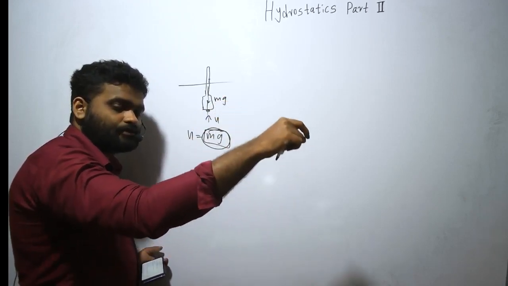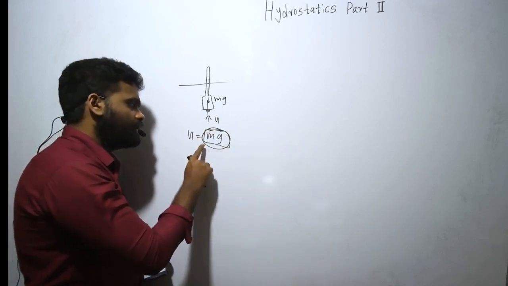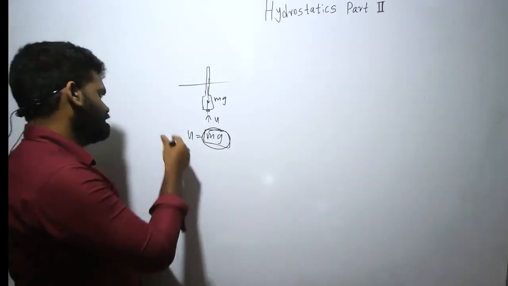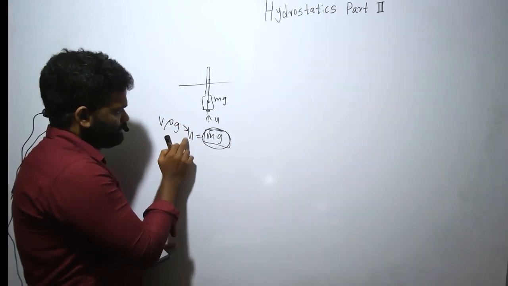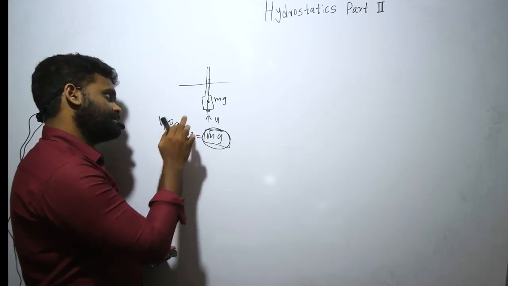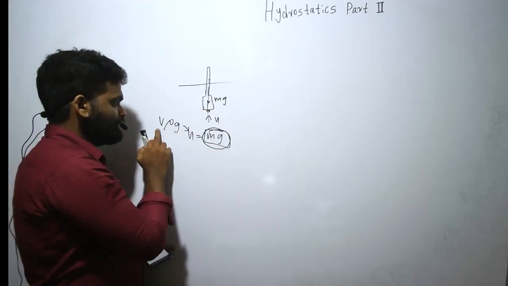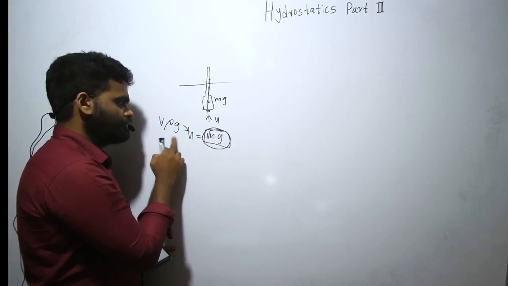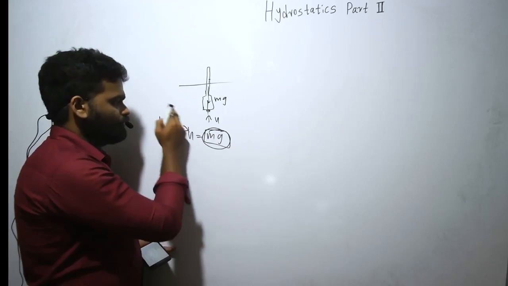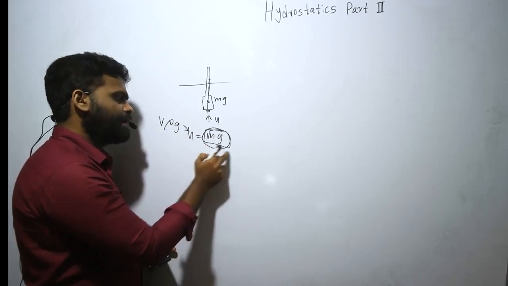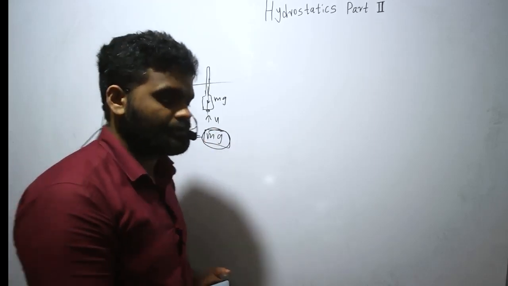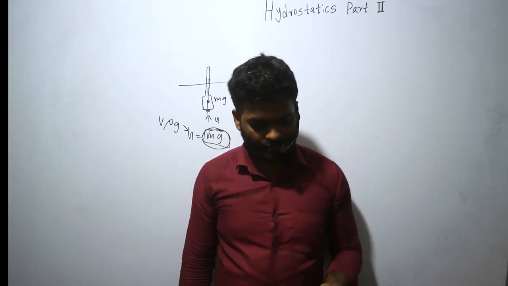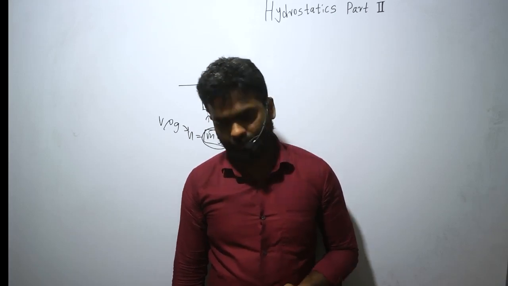If the hydrometer is to remain in equilibrium, the upthrust acting on it is always equal to the weight. So U equals V rho g. For different liquids, this V and rho change, but that change happens in order to keep the whole thing constant, because it always should be equal to the weight of the same hydrometer.